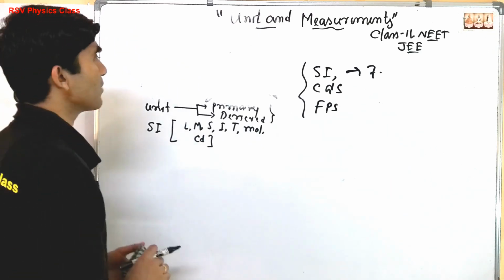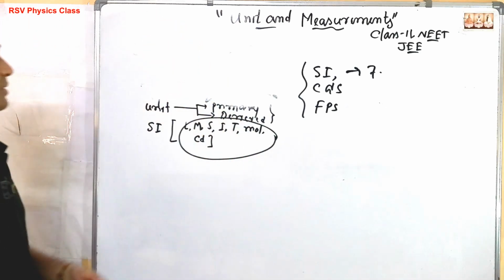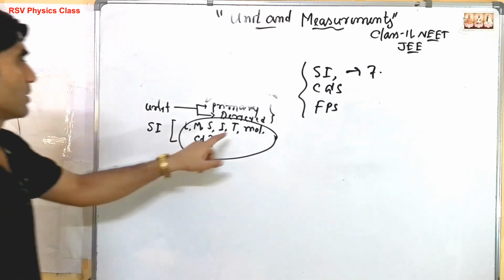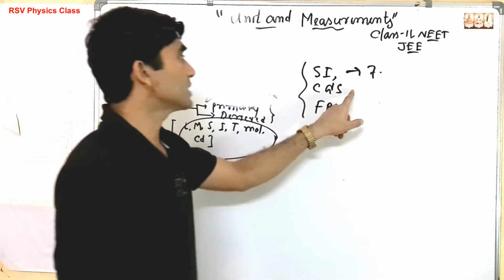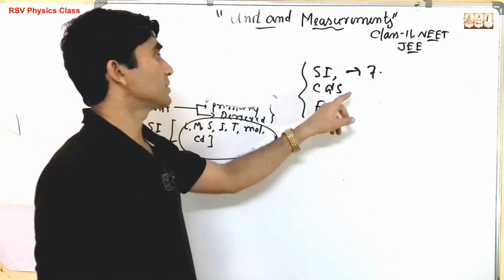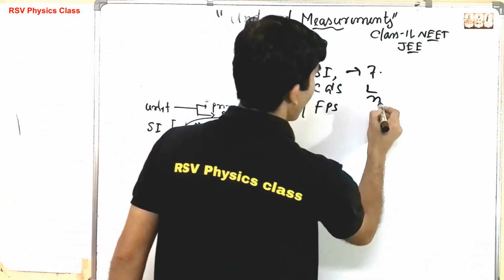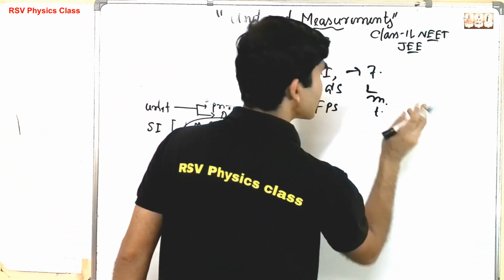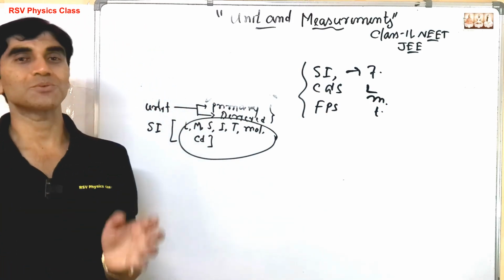These are the seven internationally accepted primary units in the SI system. Then the CGS system has length in centimeter, mass in gram, and time in second, and FPS is foot, pound, second. That you know.